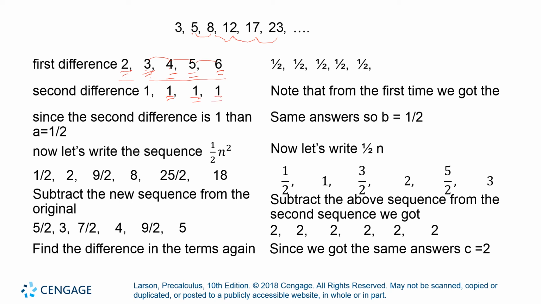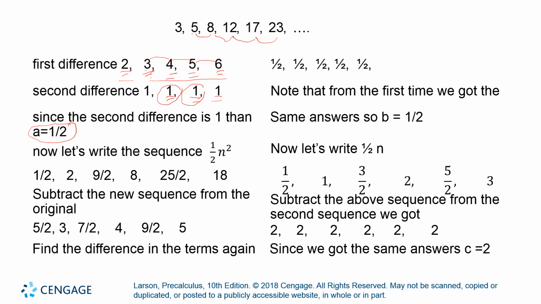Now since the second difference is 1, then we know this is a quadratic because we had to do it twice. And the a coefficient in that quadratic is half of what you got in these numbers. Since the numbers are 1, half would be 1/2.